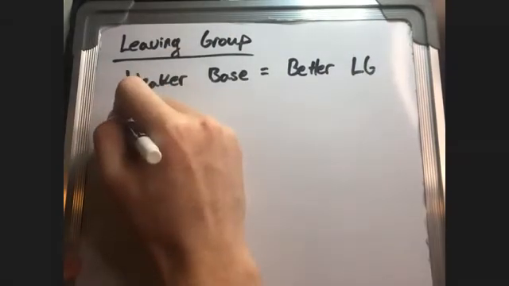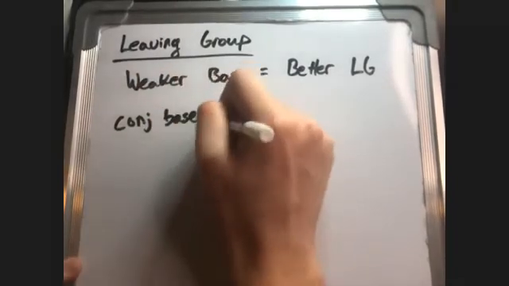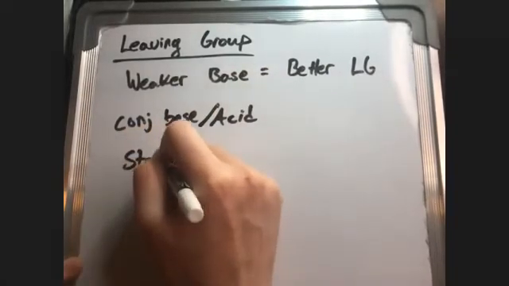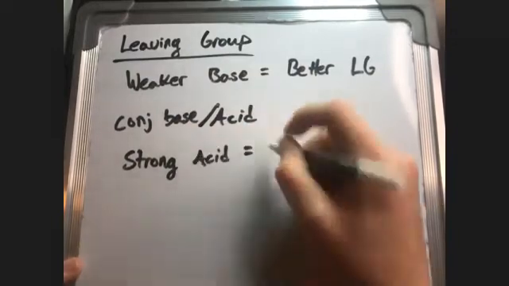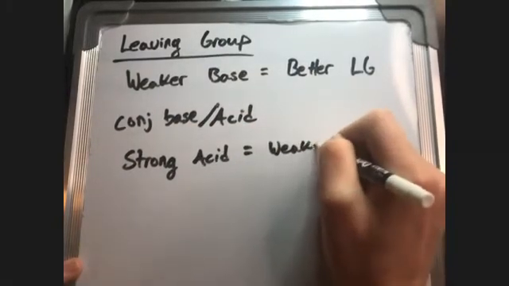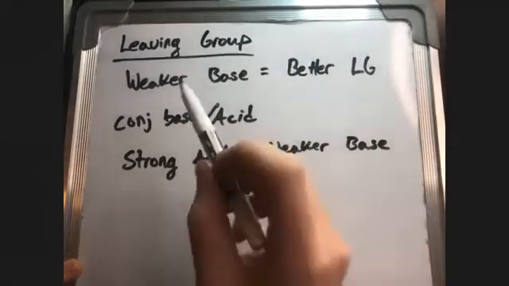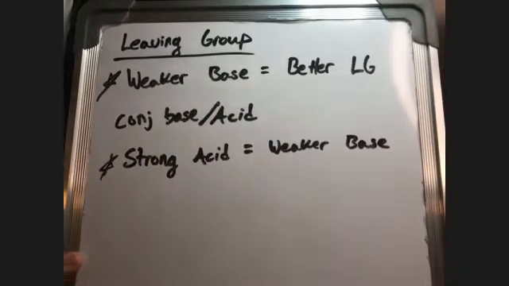So we know that there's this relationship between a conjugate base and its acid, and it is that if there's a strong acid, then its conjugate base is weaker. So a strong acid equals a weaker conjugate base. So in essence, all you have to memorize is this first line, and then what is a strong acid, and those two things you can apply to any leaving group.